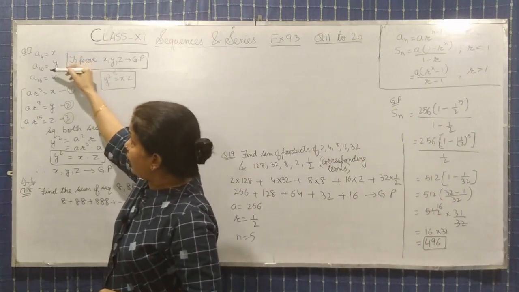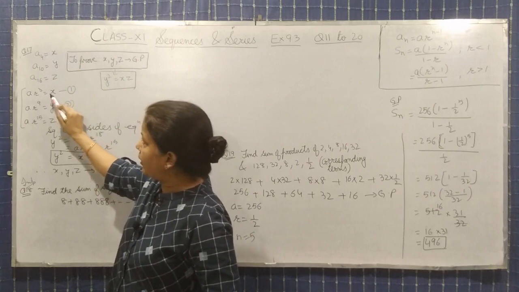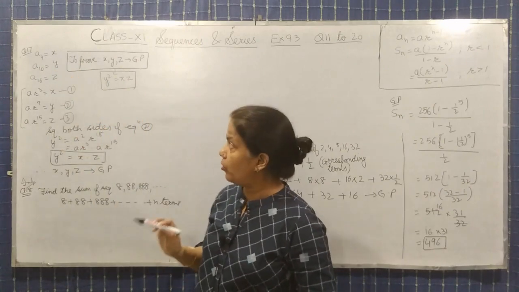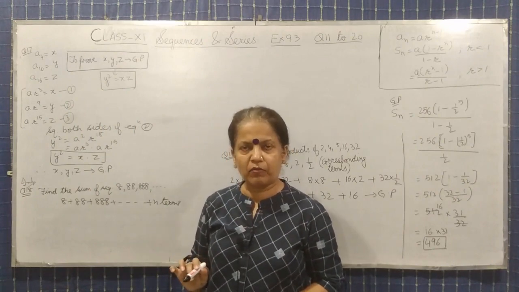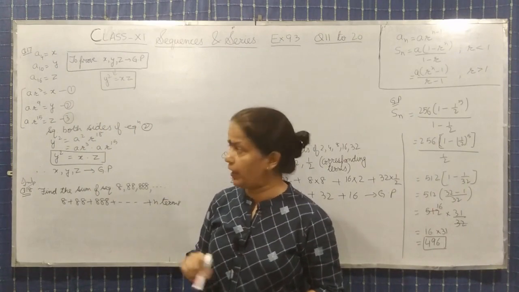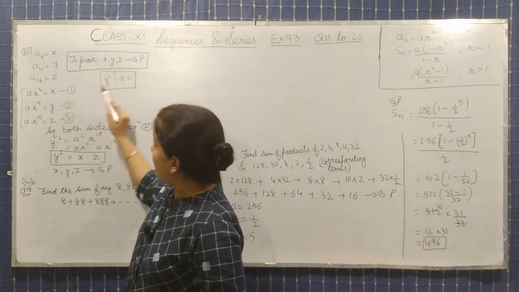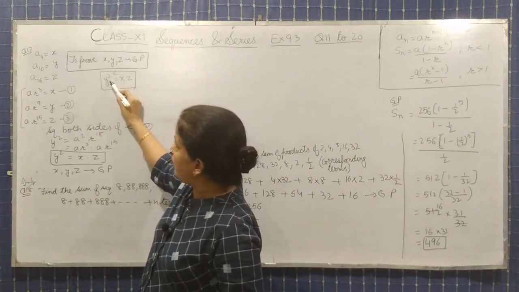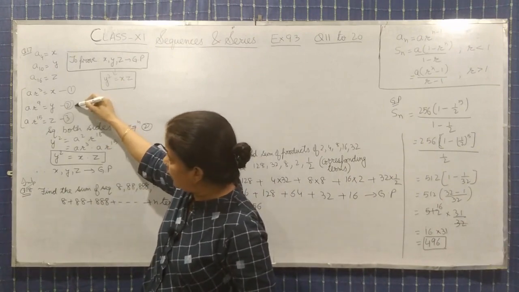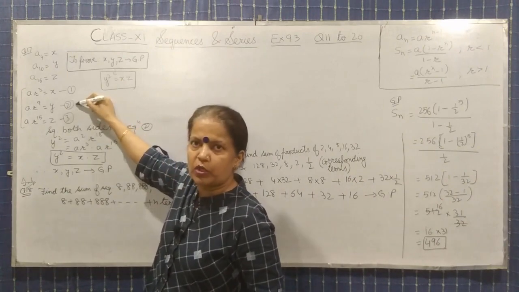So these three terms we can write as equation 1, 2 and 3. A4 we can write as AR power 3. Same way for the others, because it is given in GP. Now according to the question, it is given y square. So what we will do? We will square both sides of equation 2.